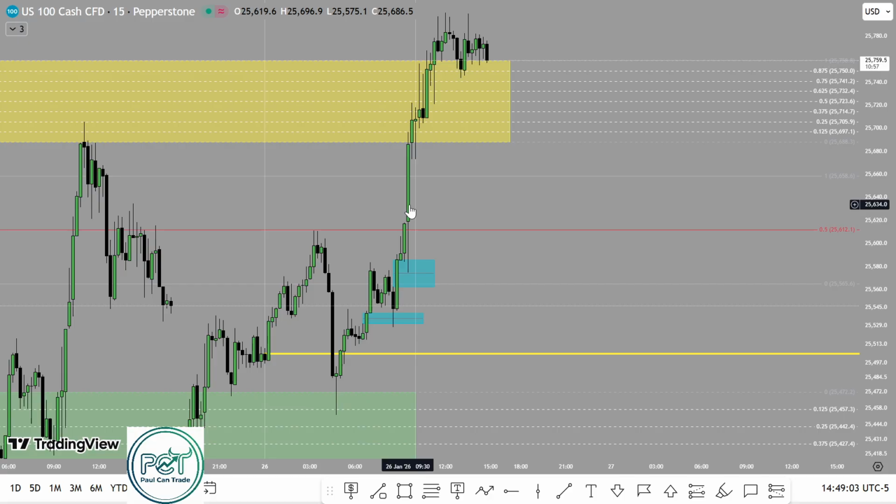And if you've studied ICT, measuring gaps don't get traded back to. There's a little volume imbalance there, so that's your measuring gap. So I didn't expect price to come back to it at all. So this is on a 15-minute chart.